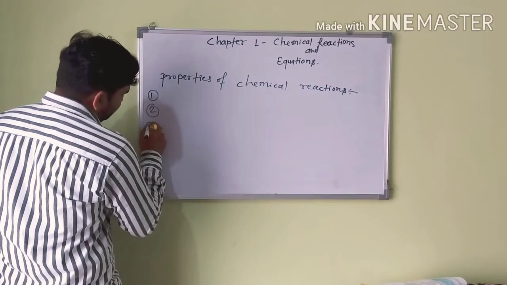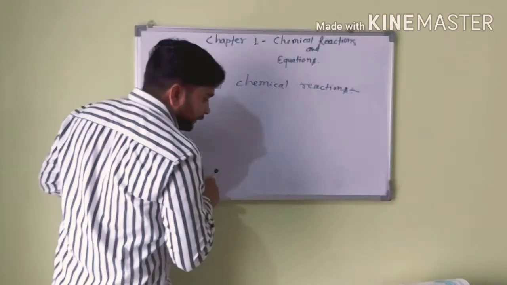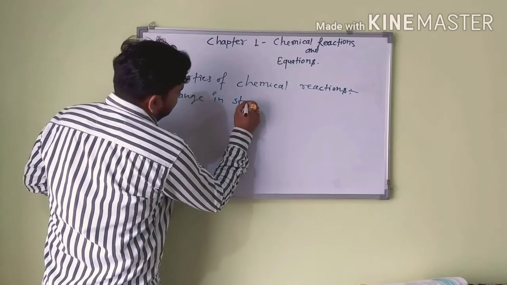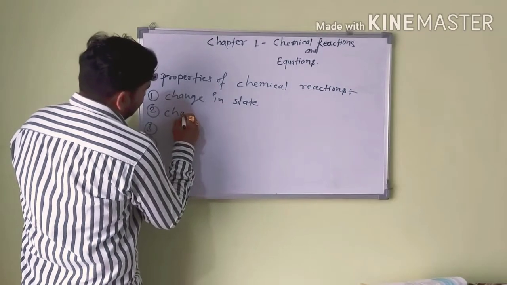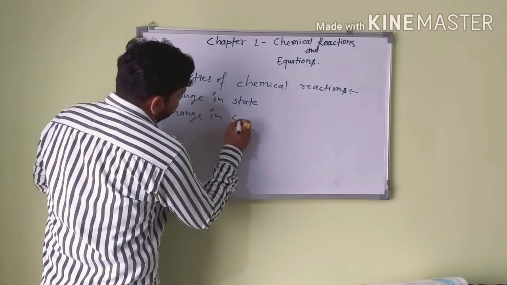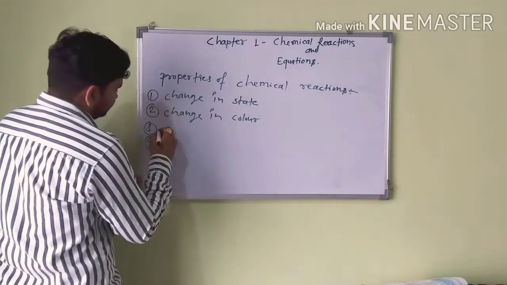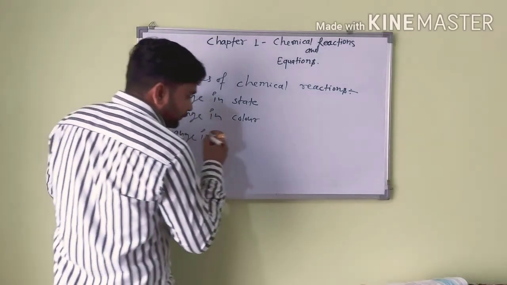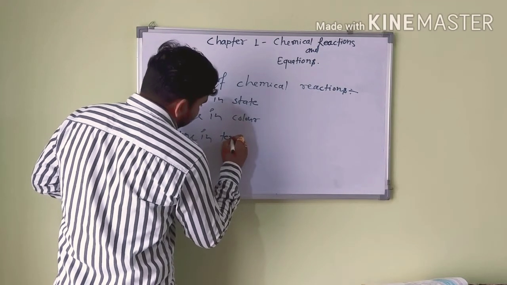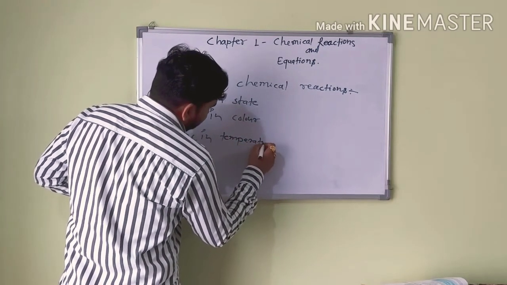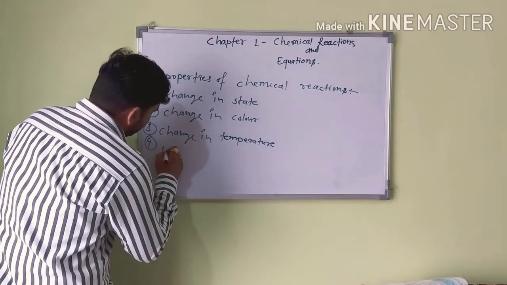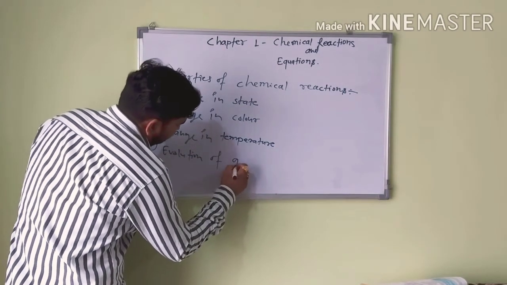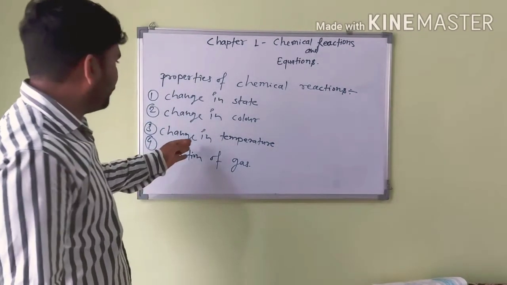These are: first, change in state; change in color; change in temperature; and evolution of gas. So these are the properties of chemical reactions.